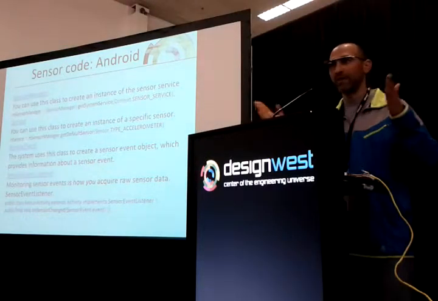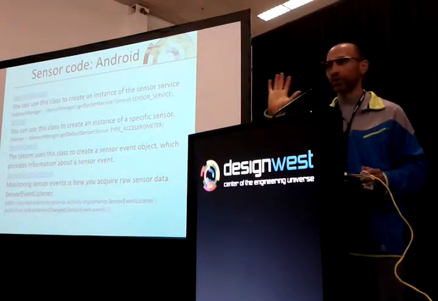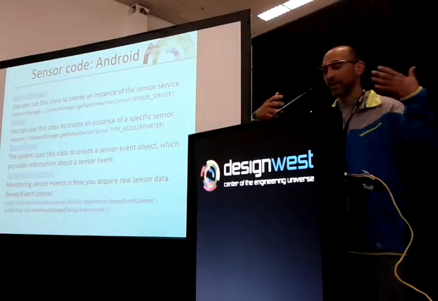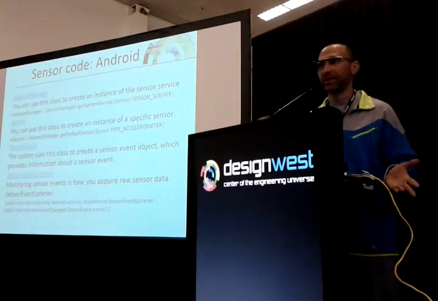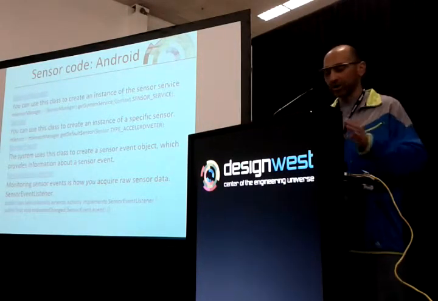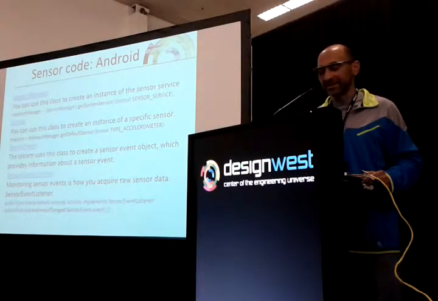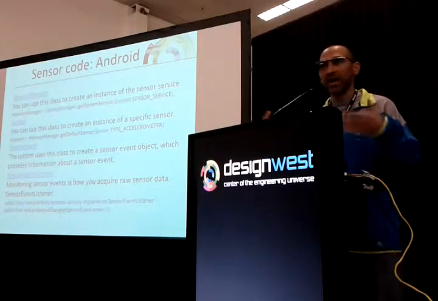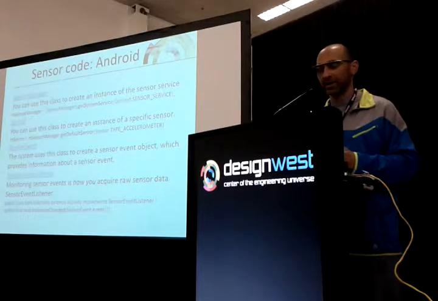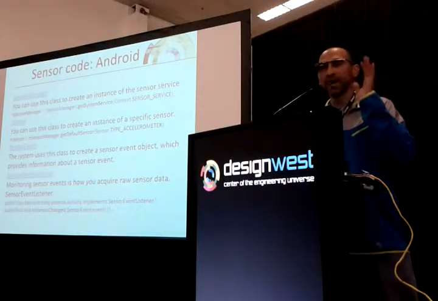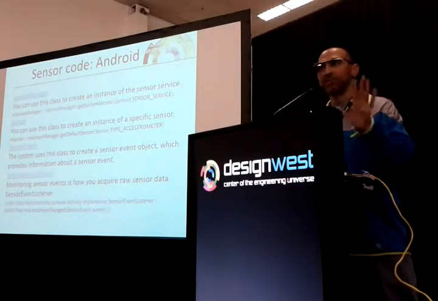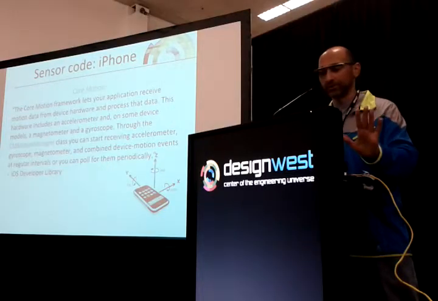Super simple code, very easy to work with. You just put your code that you want, like say, I want to know my linear acceleration in the x-axis. You just put your code in the sensor event listener, and it'll be executed, and you can tell your acceleration. So I just want to point out with this slide, it's very simple to do.